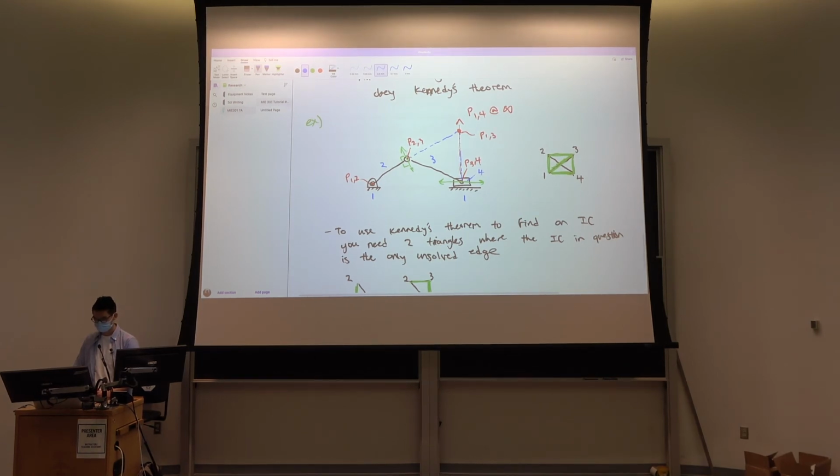So if we draw a line going from that turning pair off to infinity, remember, if a point is located at infinity, it's really more indicating a direction. So this vertical line here, where I drew P14, it can slide left and right.